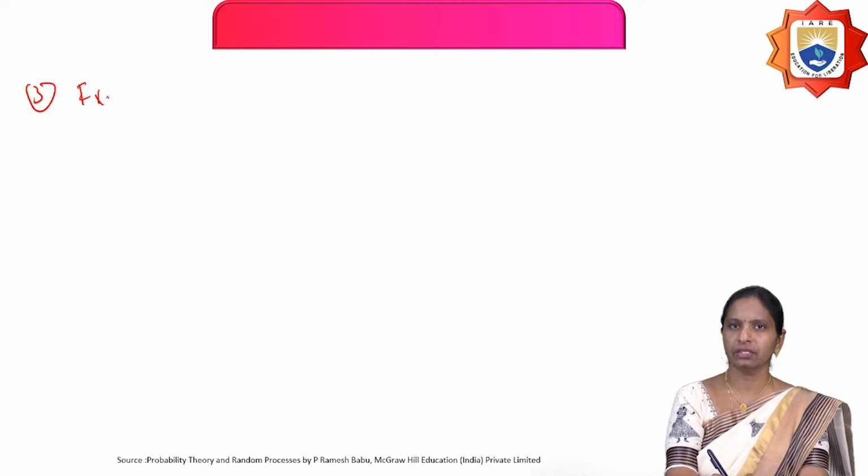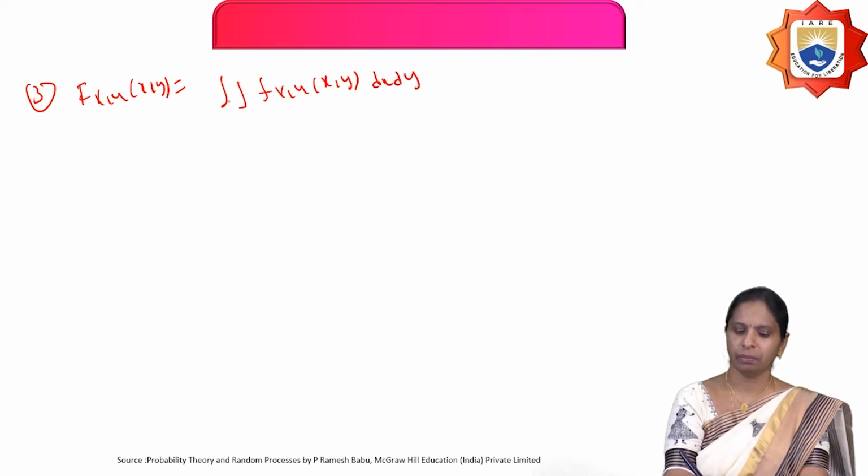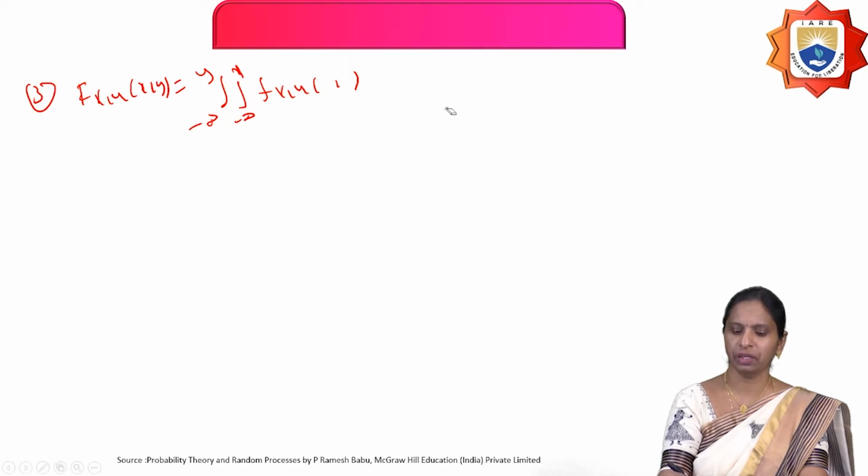The joint distribution function can be obtained by integrating the joint density function over the limits minus infinity to x and minus infinity to y. So here in place of x and y, I can replace by some dummy variables u, v. So f_XY(u, v) du dv.